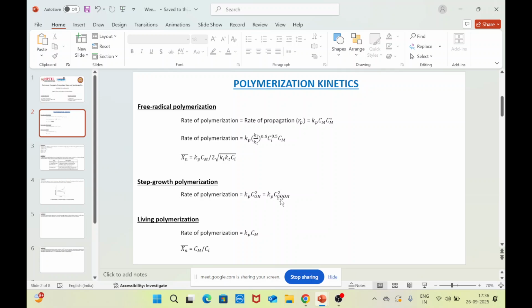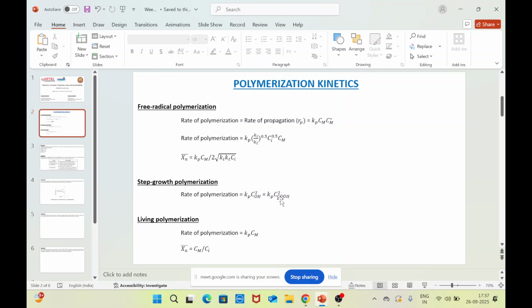This is represented based on the assumption that the stoichiometry is going to be equal. That is, the concentration of the monomers with the alcohol group and with the acidic group are the same, or you can also say the functionality is going to be 1.